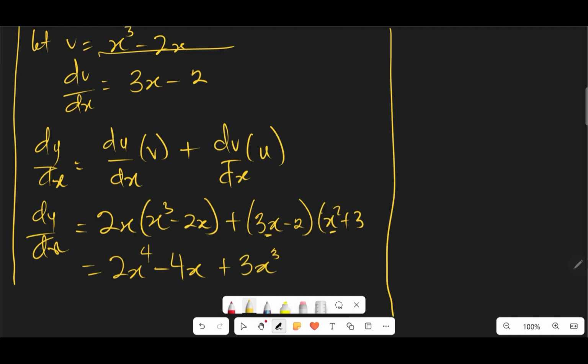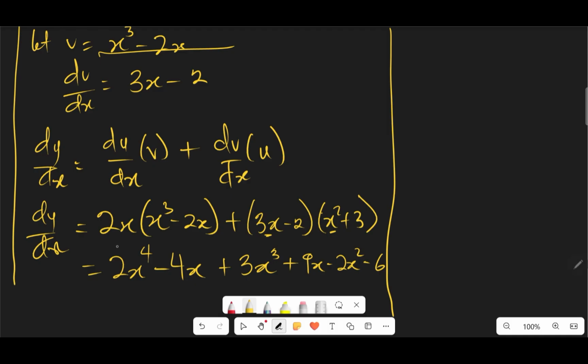Then 3x times 3 is going to give us plus 9x. Minus 2 times x squared is going to give me minus 2x squared. And minus 2 times 3 is going to give us minus 6. So from there, let me go through my expansion again, whether it is correct.